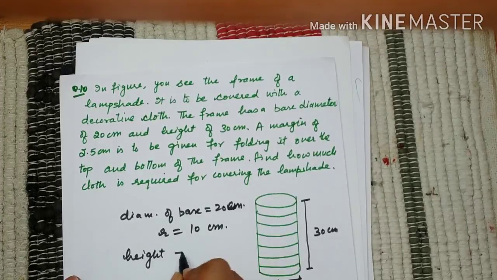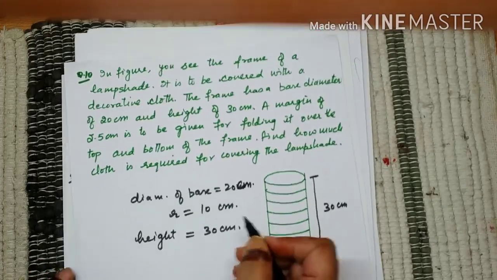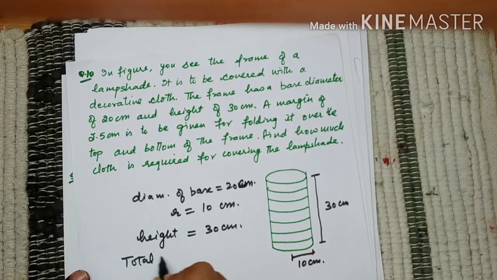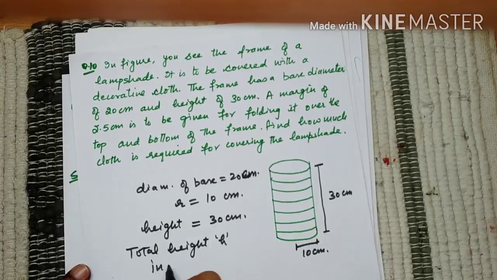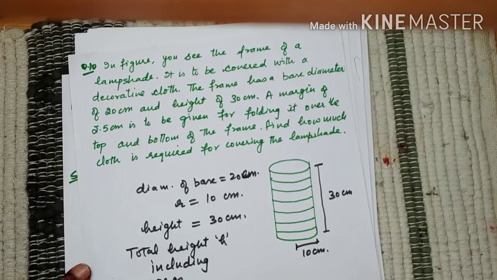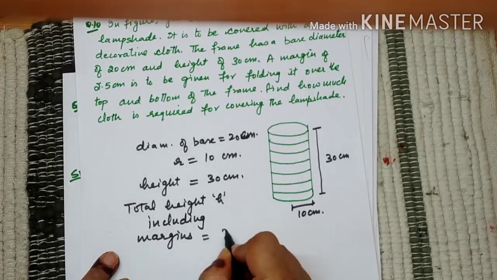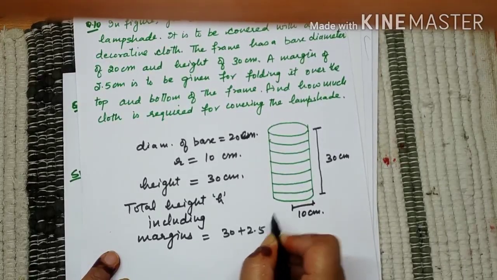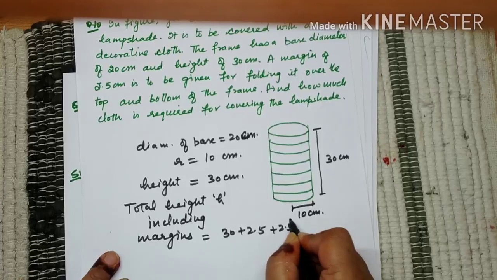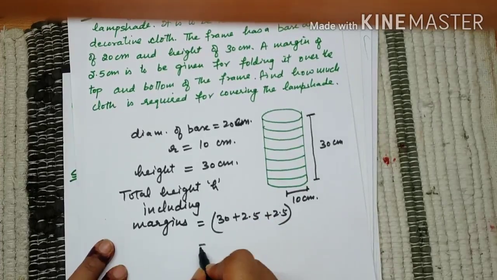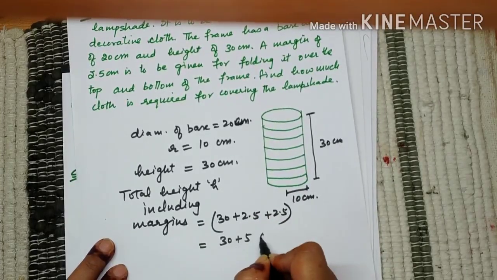Height is 30 centimeter. Total height h including margins will be 30 plus 2.5 upward and 2.5 downward margin. So this is 30 plus 5 centimeter.